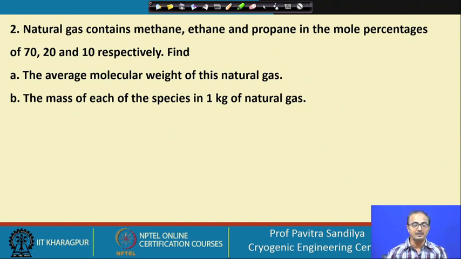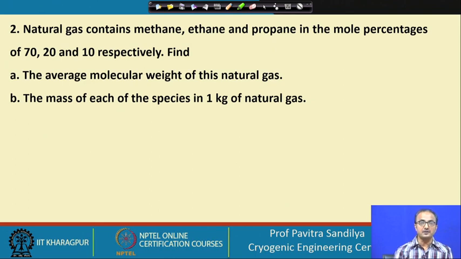Please mind that the summation of these mole percentages must always add up to 100, and the summation of the mole fractions or mass fractions must always add up to unity, that is 1. With this given information, we have been asked to determine the average molecular weight of the natural gas and the mass of each species in 1 kg of natural gas.